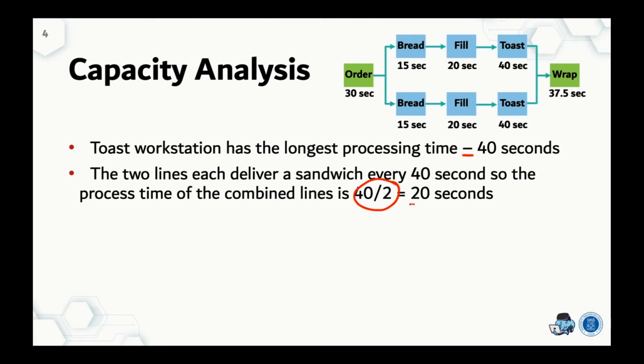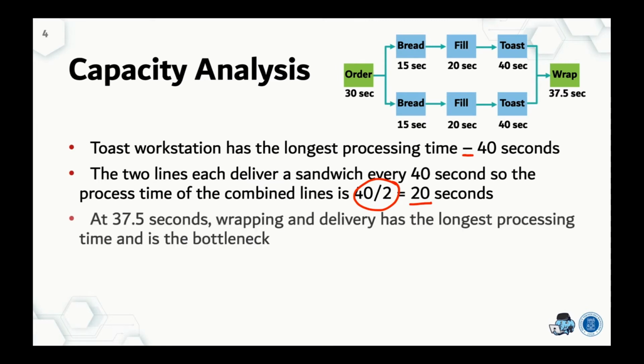So this is equal to 20 seconds. Since these two lines combined have 20 seconds of process time, the bottleneck is at the wrapping and delivery, since this has the longest processing time.